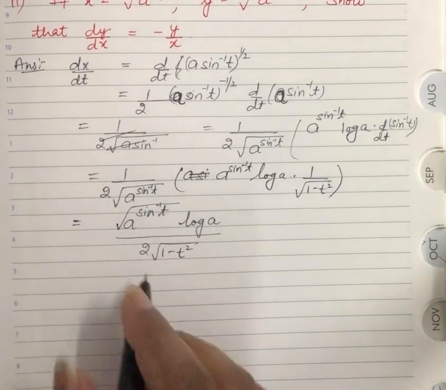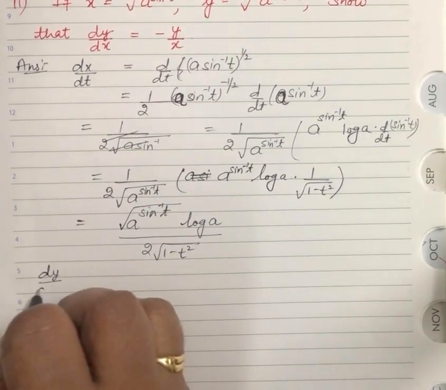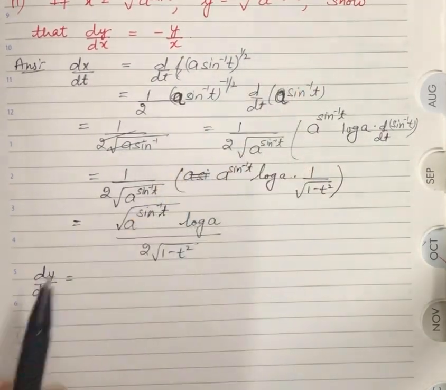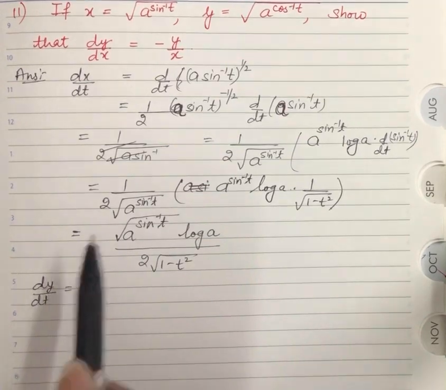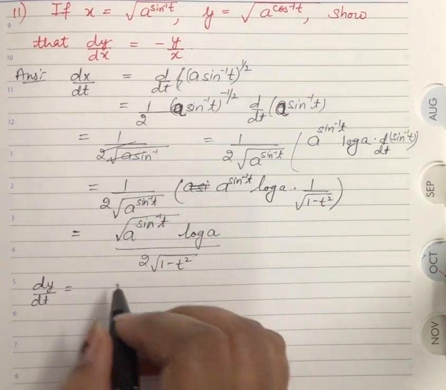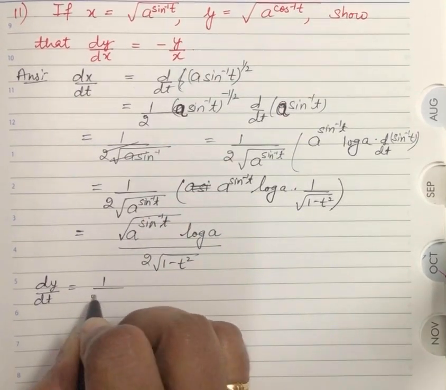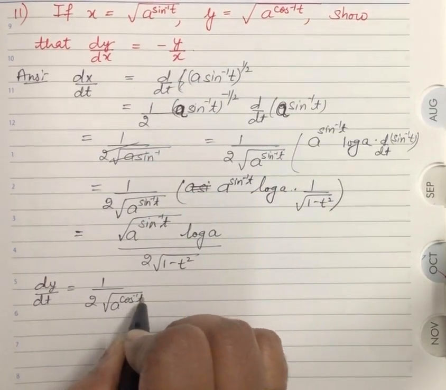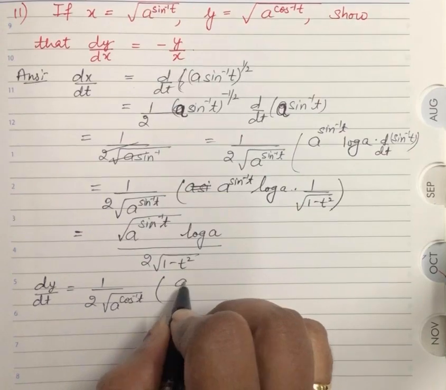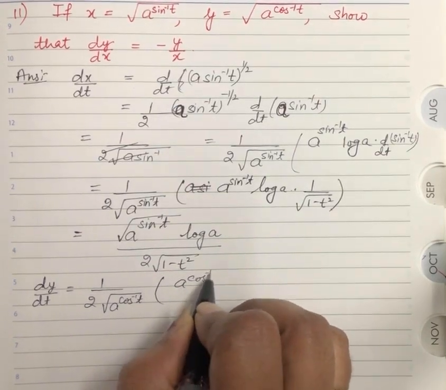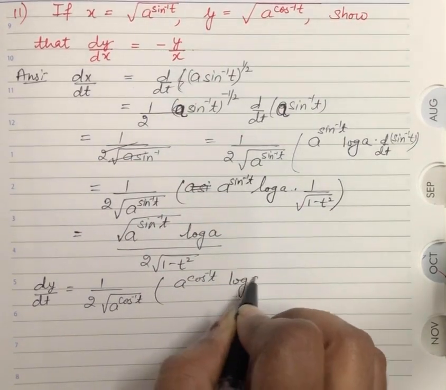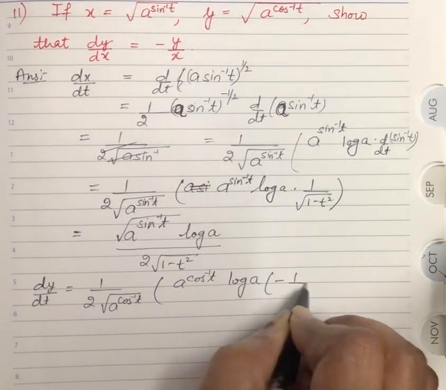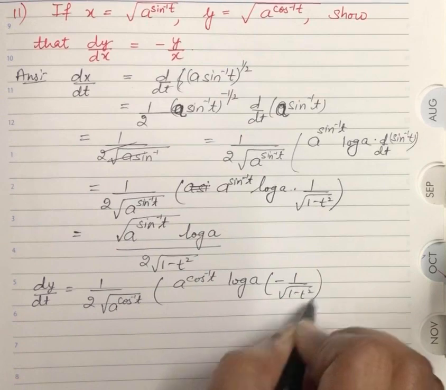Now we will find dy by dt. So dy by dt again will be, in place of sin, here is cos. So what will be the differentiation? 1 by 2 under root a to the power cos inverse t bracket a to the power cos inverse t log a, and differentiation of cos inverse t is minus 1 upon under root 1 minus t square.